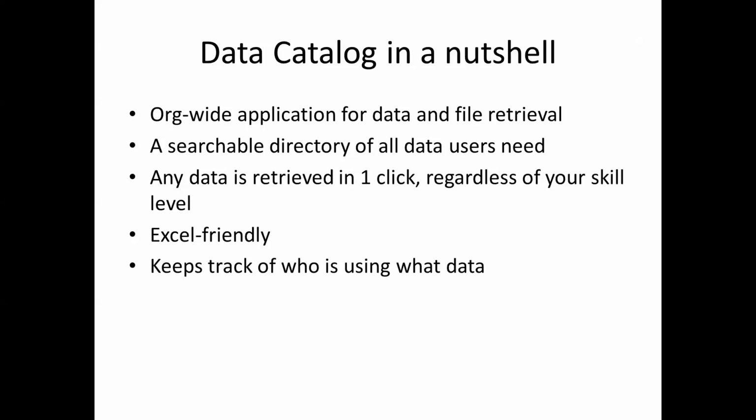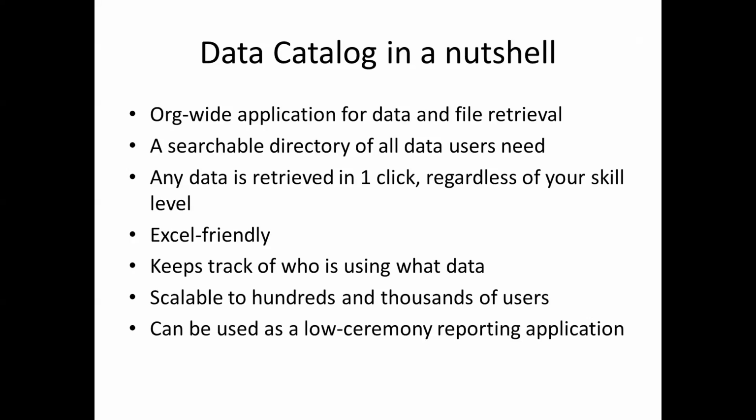Okay, the data catalog has a journal to keep track of who's using what. By design, it's scalable to hundreds and thousands of users. In terms of use cases, you can think of the data catalog as a low ceremony reporting application because it produces data sets, also computed data sets.